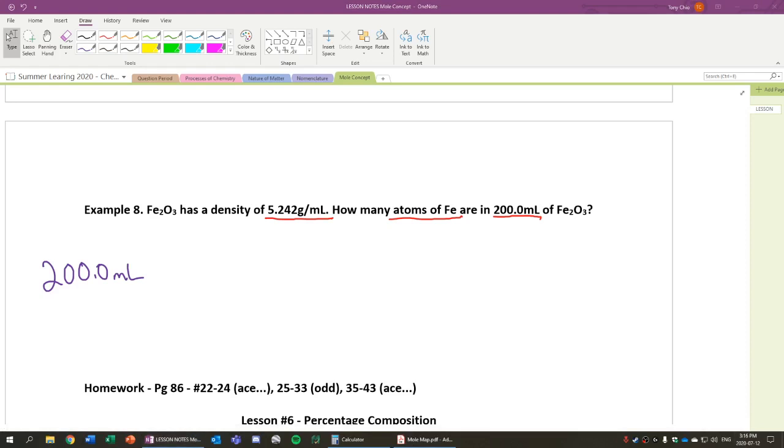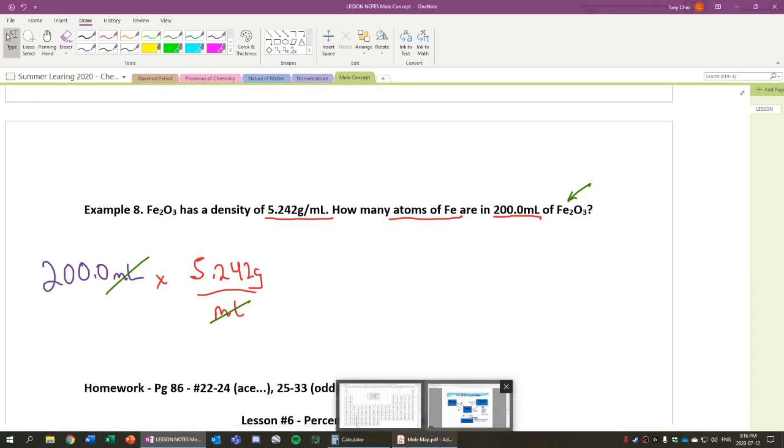Alright, so let's use density now to solve for our mass. So we have 5.242 grams per milliliter. That is our density, and that will cancel my milliliters. Now I'm at mass. Now my next job is to find and use the molar mass of Fe2O3.